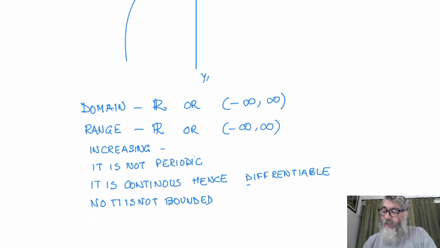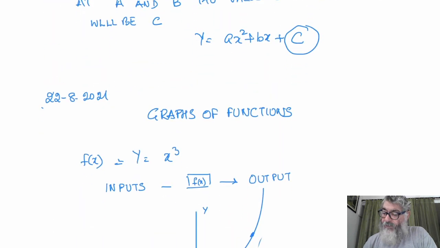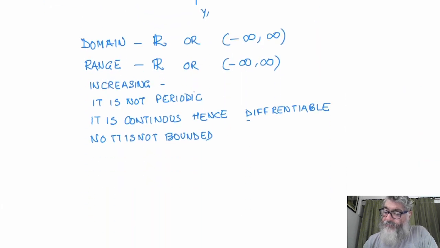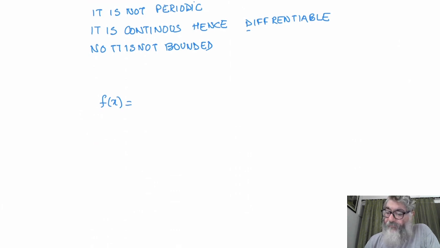Now let us see the next graph. The next graph is f(x) equals square root of x. I'm not going to write y, but you must understand that y and f(x) are one and the same thing. It could be the fourth root or the sixth root.